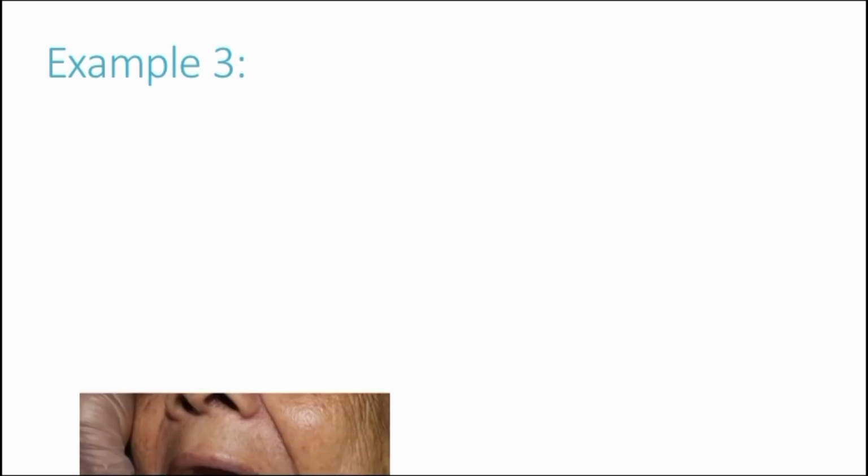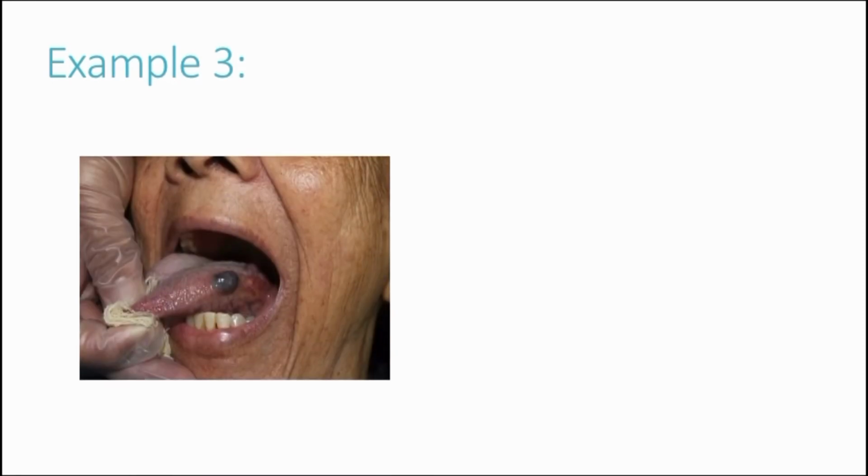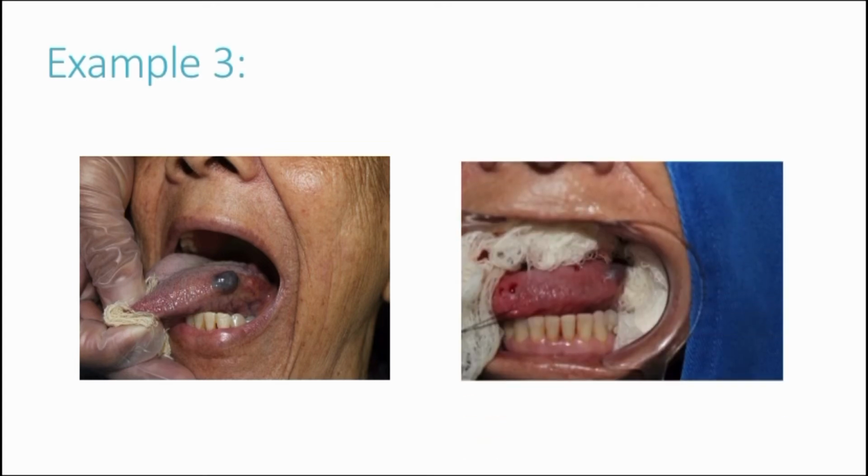Third example, a patient suffering from a hemangiomatous lesion on the left lateral border of the tongue. We can treat it with cryotherapy. First, the tongue apex was sutured with 3-0 nylon. The tongue was pulled to the right, and the adjacent tissues, which are the tongue, cheek, mucosa, lip and teeth, were protected by gauze with vaseline.